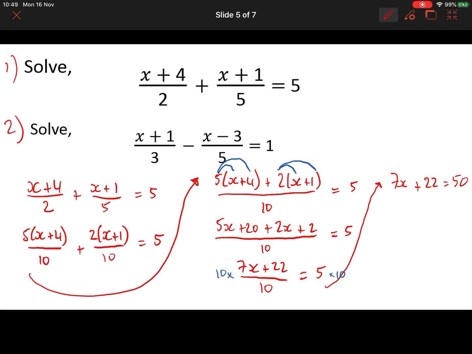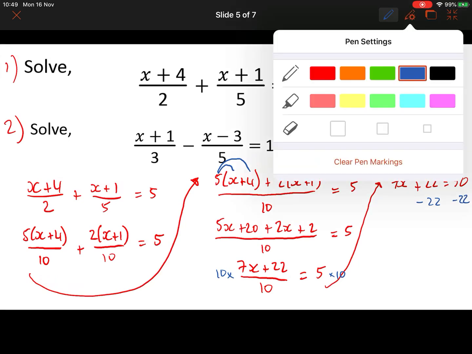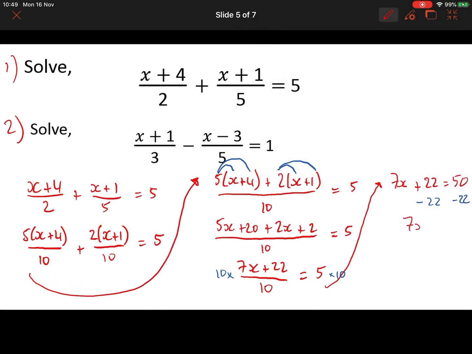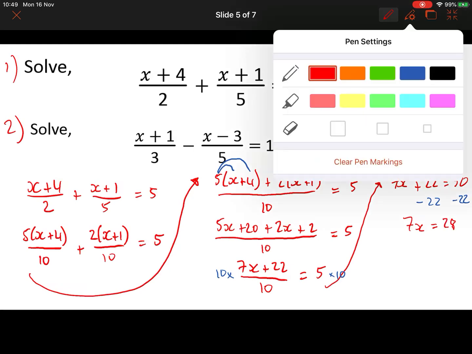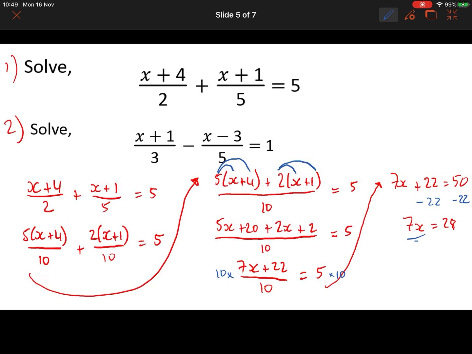Okay, and now you've got a really, really nice equation that's very easy to solve. You know how to do these now. Take away 22 from both sides, and we get 7x equals 28. And now divide both sides by 7, and we get x is equal to 4. There's my answer. X must be equal to 4.